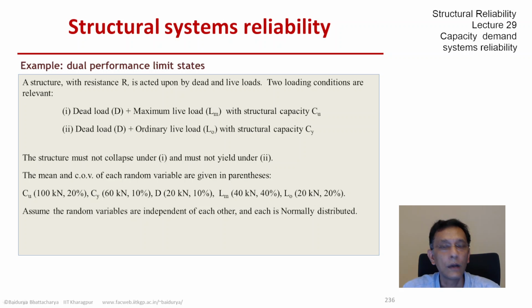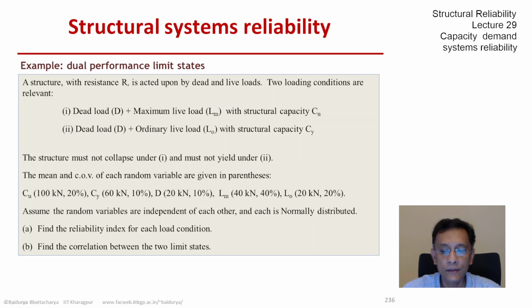Under the assumption that all the random variables are mutually independent, and just for the sake of simplicity each is normally distributed, we can find out what the reliability index is for each limit state. And it's an interesting exercise. Is there any dependence, any correlation between the 2 limit states, between the 2 safety margins? If you would like to solve this problem yourself, please pause the video, or I'm going to present the answer in the next slide.